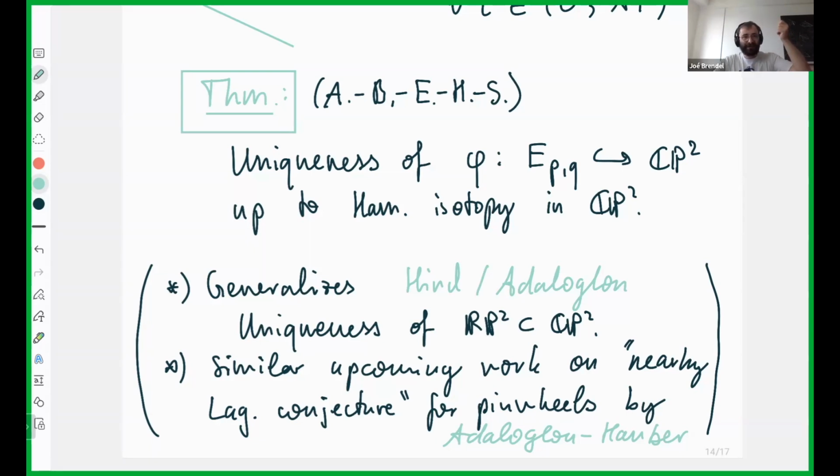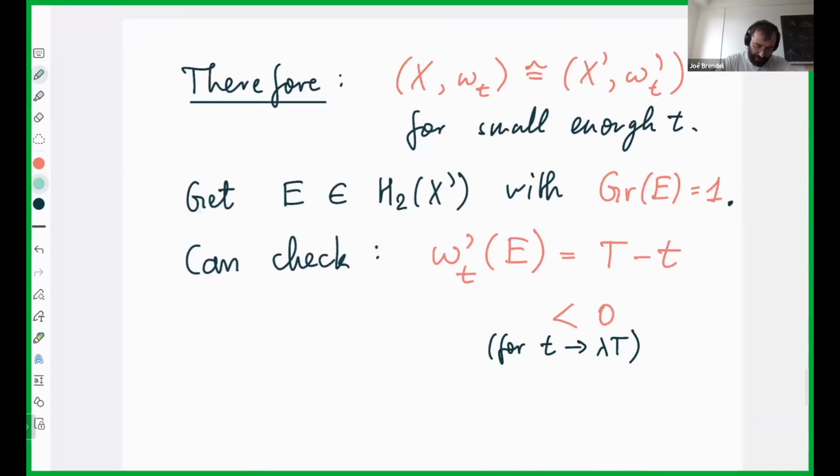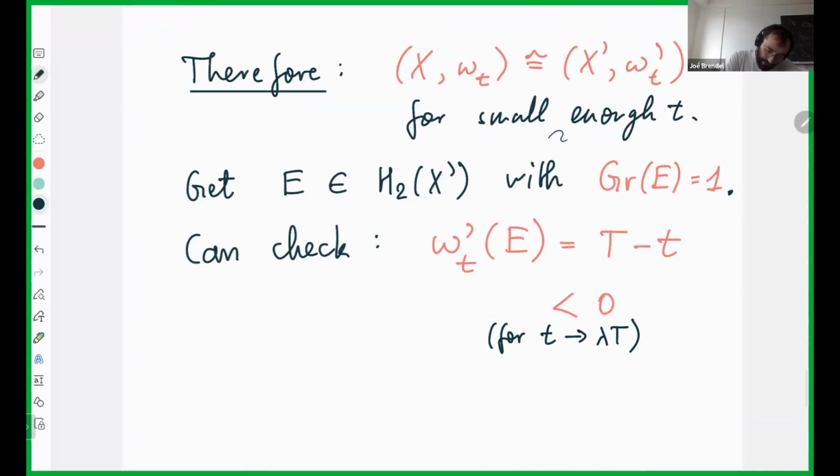With this uniqueness, I can deform the standard embedding from the ATF into the one that's given for small enough parameters. So for small enough t, I can deform one into the other. This means that the respective spaces that I obtain for small enough t are actually symplectomorphic. Then I obtain a class E in the homology of the second space, this X prime, which still has Gromov invariant 1.